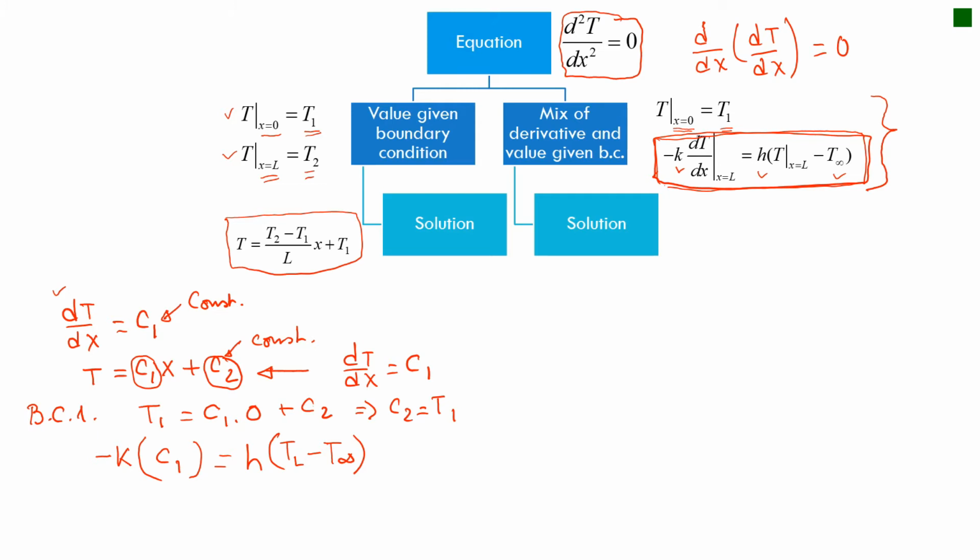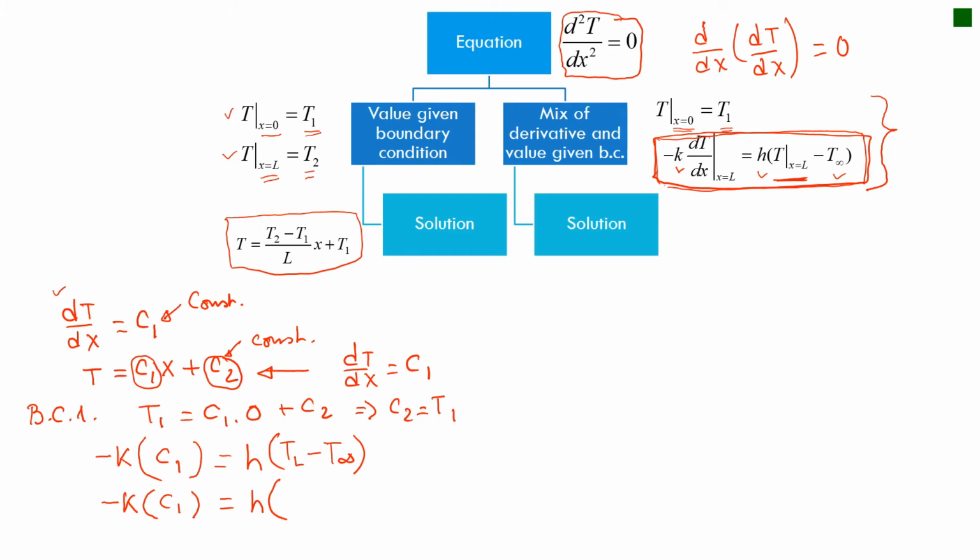And so let's try to do this stage carefully again. So I write minus k times dT/dx at x equal to L, again the same, C1 is equal to h times T at, so let's look at this carefully. What is the meaning of this term, T at x equal to L?